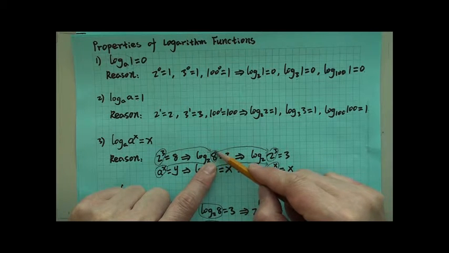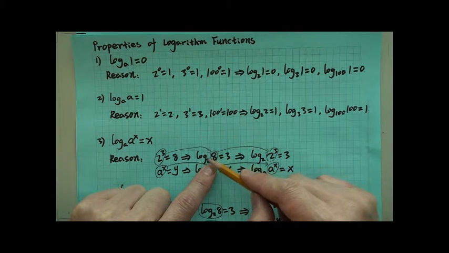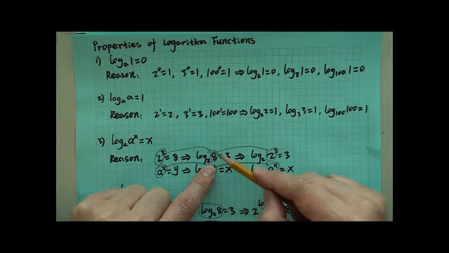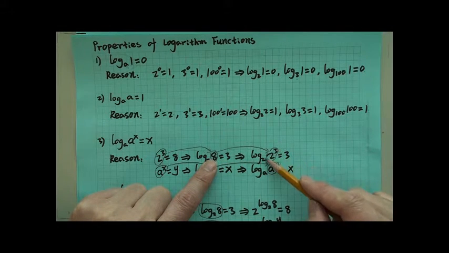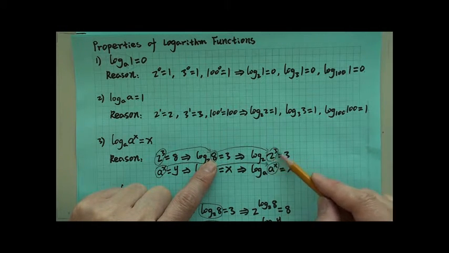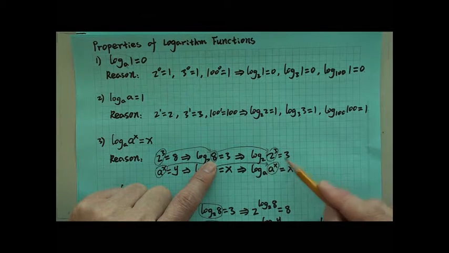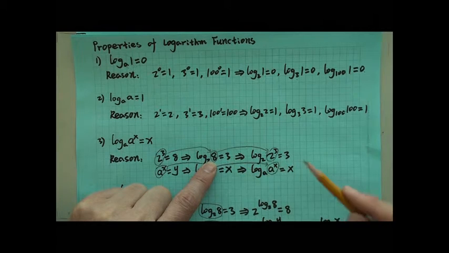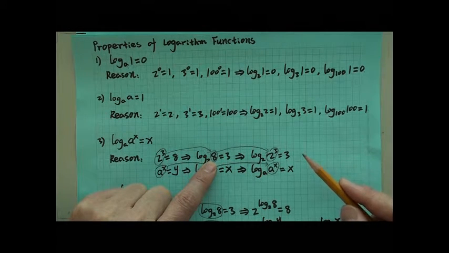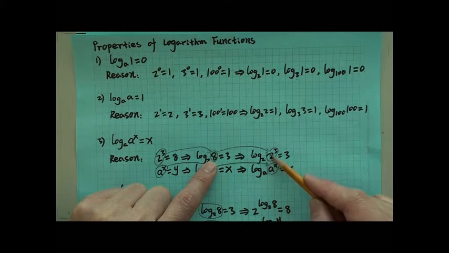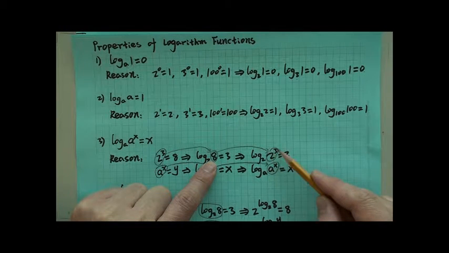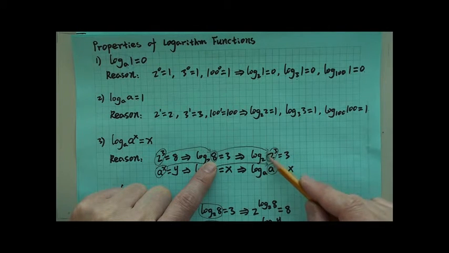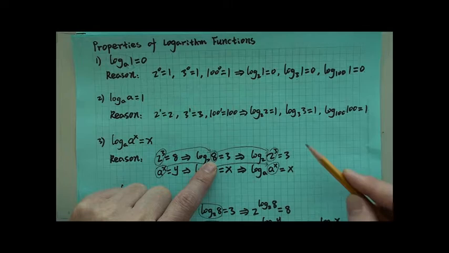So log base 2 to the 2 cubed is 3, because here is 3. This tells us if the base is the same as the base here, then you can bring the exponent down and just put the exponent here.